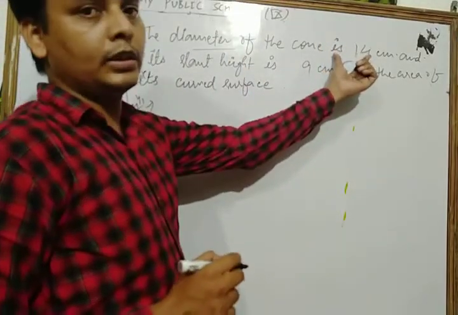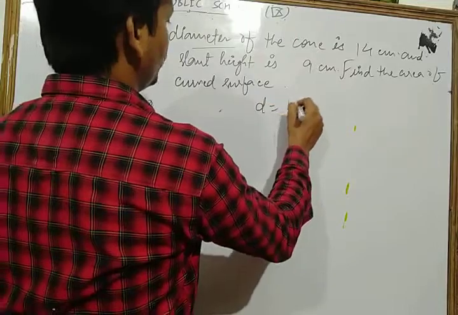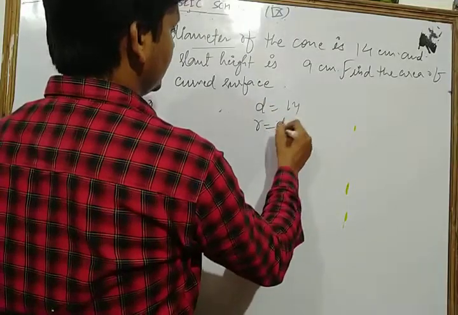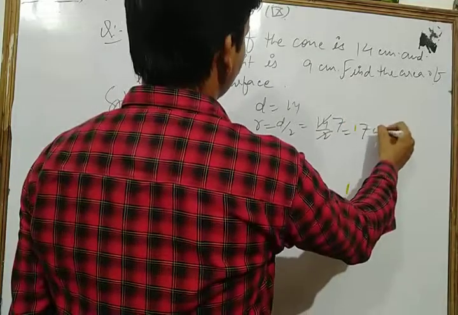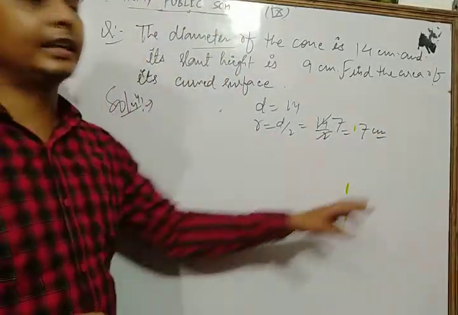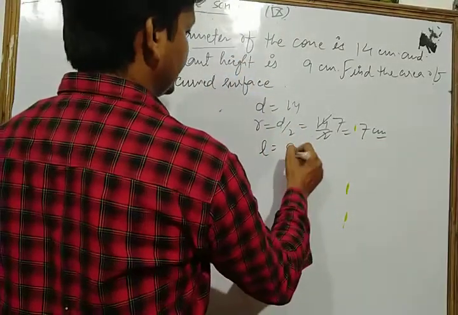Here the diameter of the cone is 14, so the radius is D by 2, that is 14 by 2, that is 7 centimeter. 7 centimeter is the radius of the base of the cone and the slant height L is 9 centimeter.